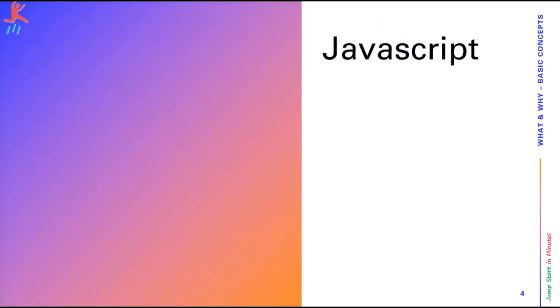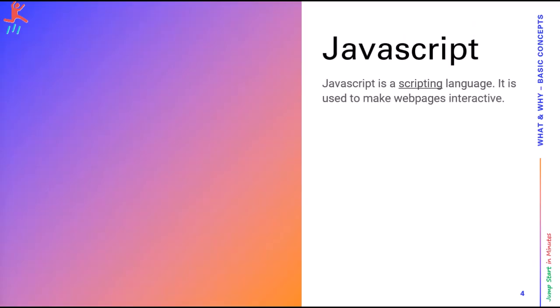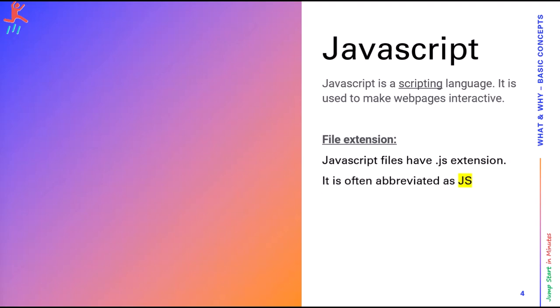Now let's look at the JavaScript. JavaScript is a scripting language. It is used to make web pages interactive. What does that mean? It means it gives the web pages behavior, action. The users are able to interact with the web pages. The JavaScript files have the .js extension. It is often abbreviated as JS.